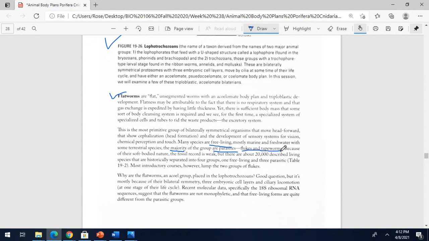We'll talk about those 2 clades in this class. We have 18 minutes, so I have to go through it really quickly. They have some form of cephalization, which means there's a head formation, so the head is forward, and they have bilateral symmetry.